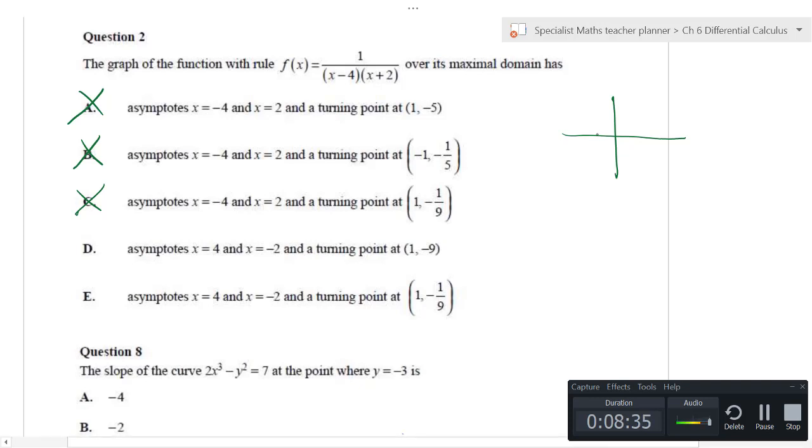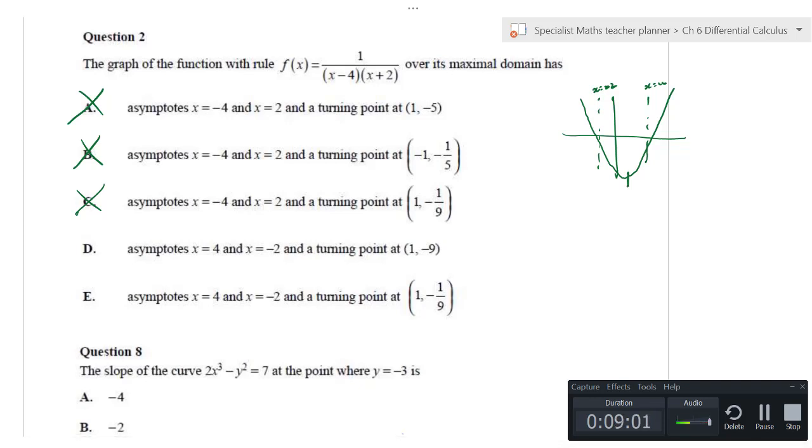So here we've got asymptotes at x equals -2 and over here at x equals 4. So the turning point is going to be halfway between the intercepts. It's going to be something like so. Now what is that turning point there?